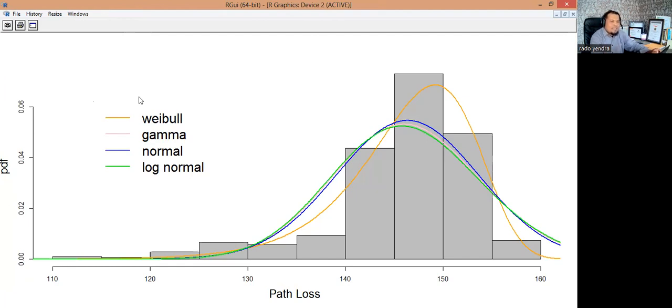The gray is the histogram, the real data. You can see in the figure that the Weibull distribution is very close to the histogram. It means the Weibull is the best model for the path loss data.